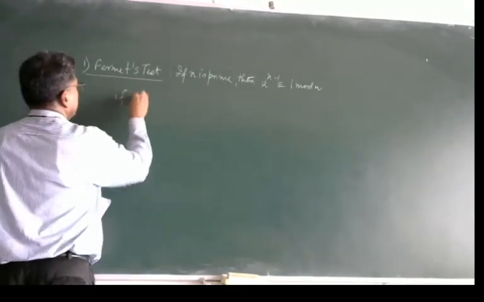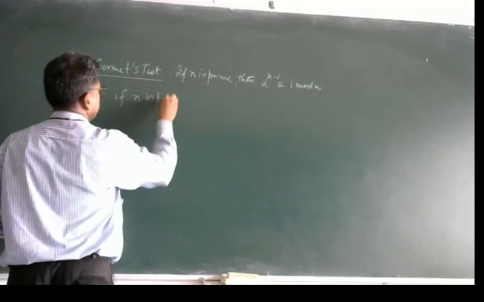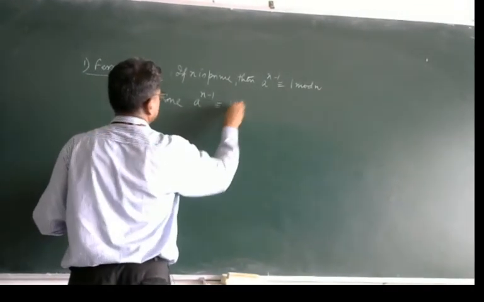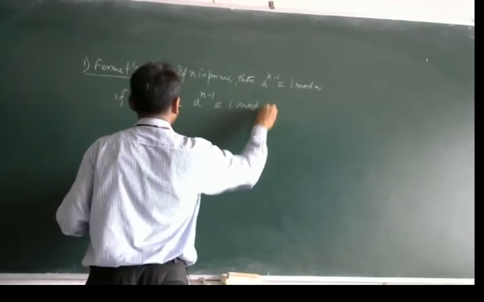So if n is prime, then a to the power n minus 1 will be congruent to 1 mod n.